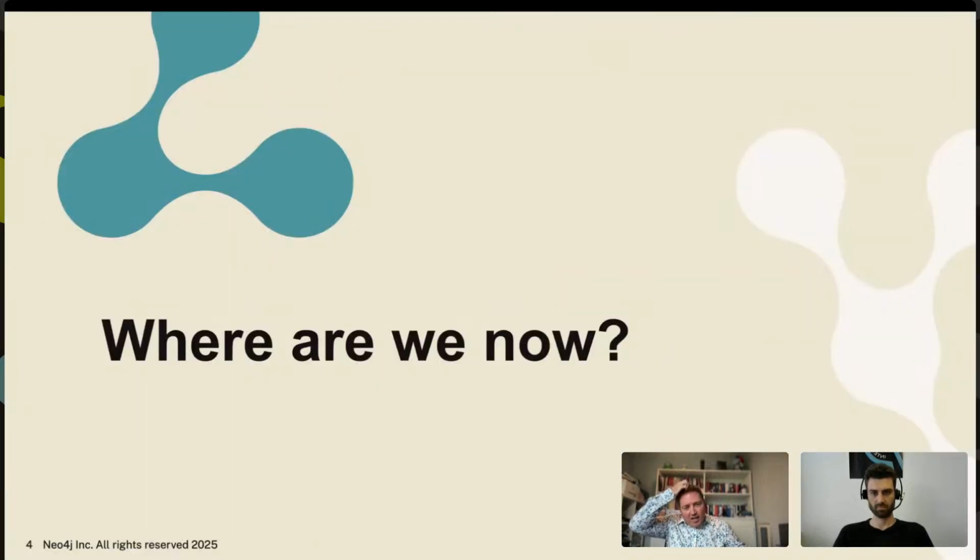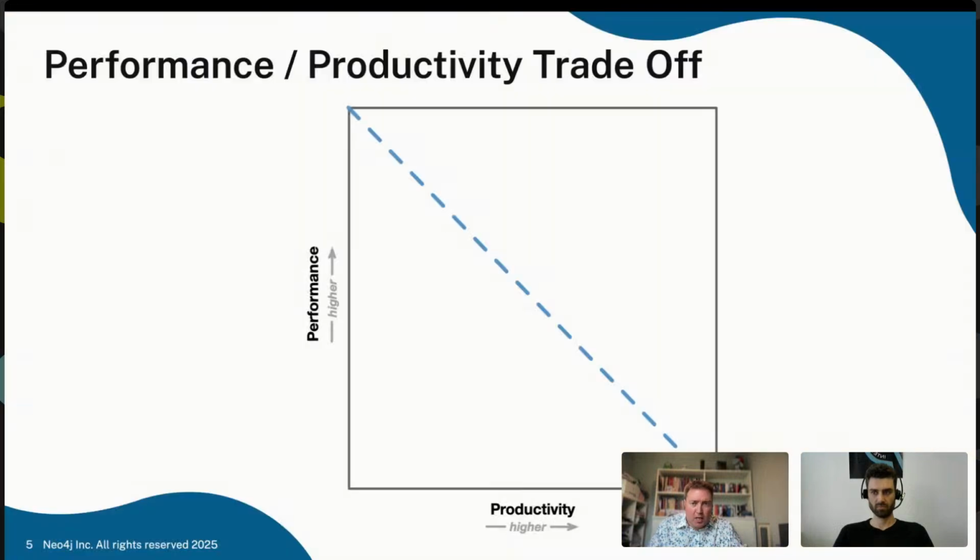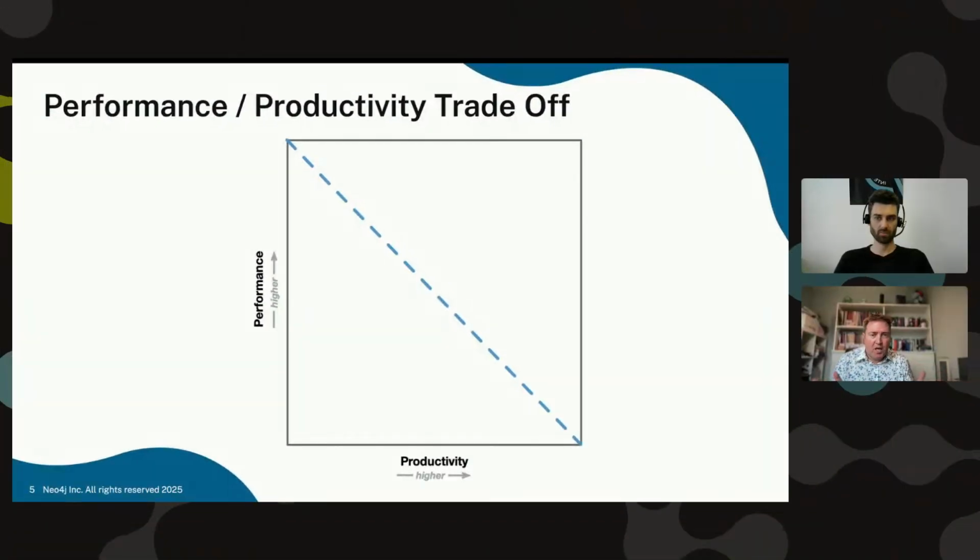So the first question is, how do we produce a step change in technology? What we did when we were pitching the project and starting out was to survey the state of the union. We looked at lots of graph databases and tried to work out what trade-offs each of the systems were making.